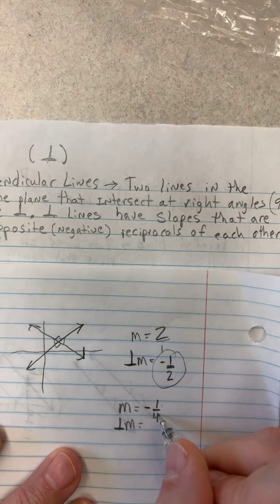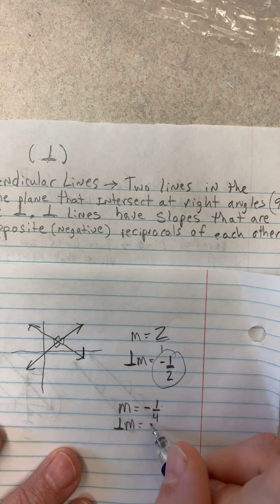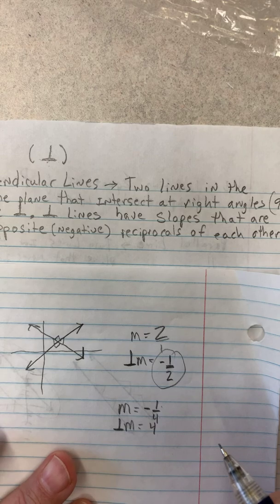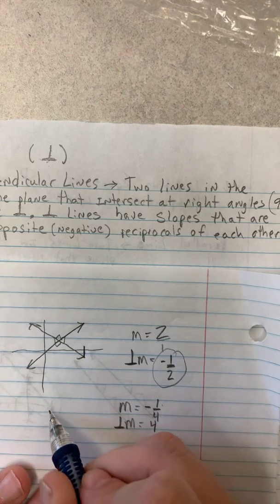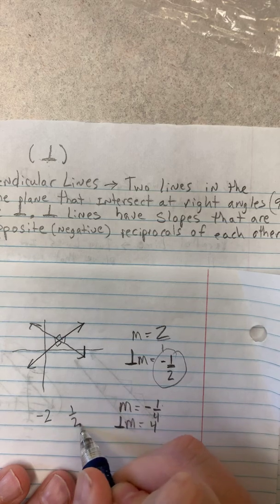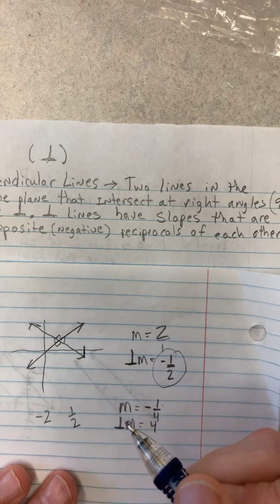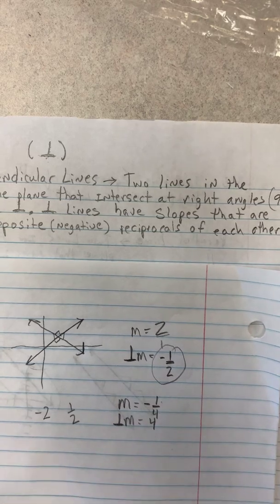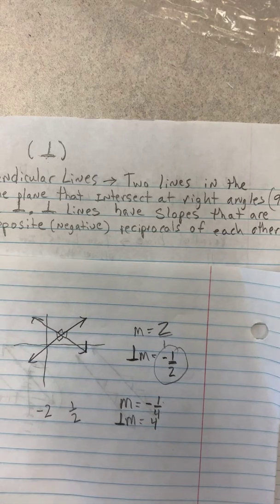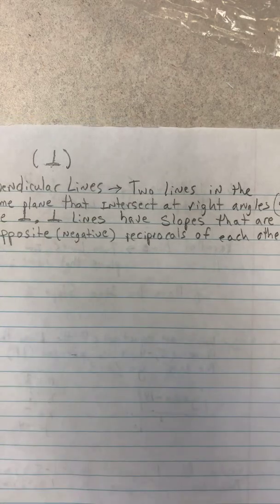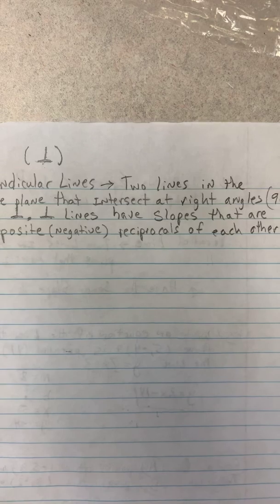The opposite of a negative is a positive, and I flip it. It is 4. The opposite reciprocal of negative 2 is a positive 1/2. Flip it, take the opposite sign. And we are going to use that little bit of knowledge to start writing some equations.